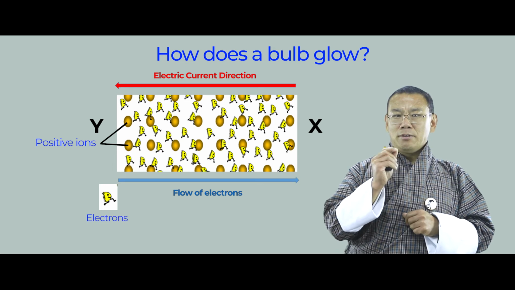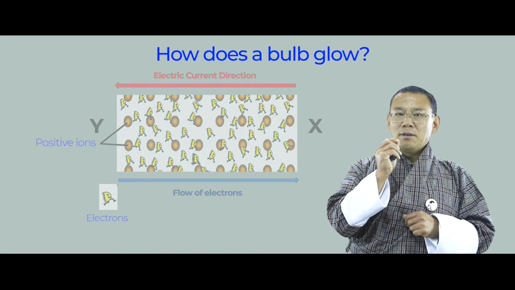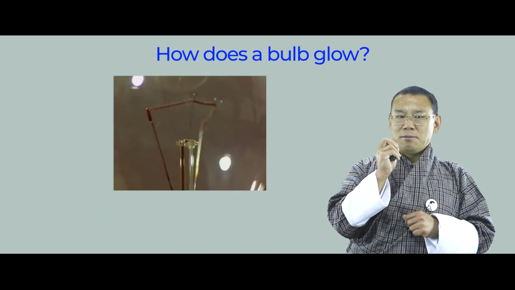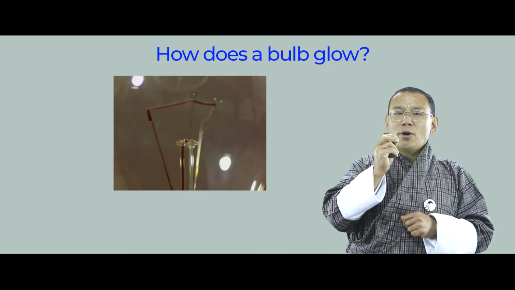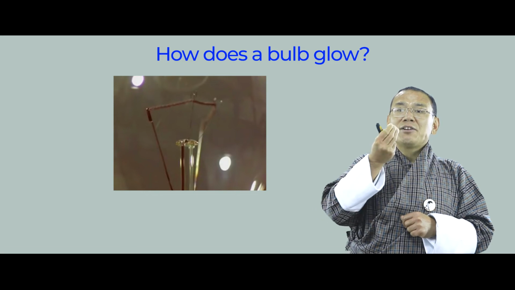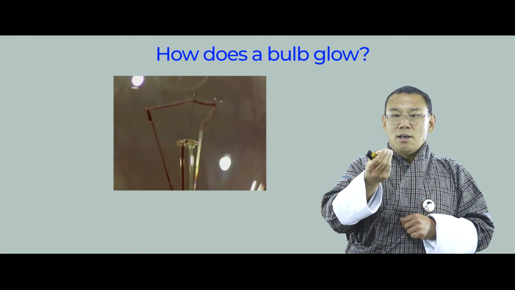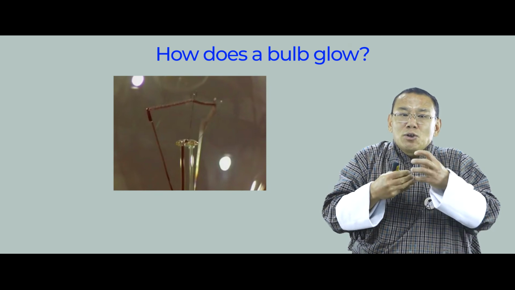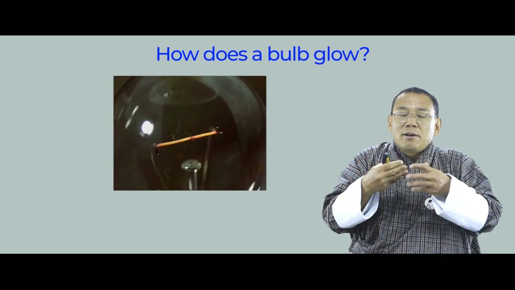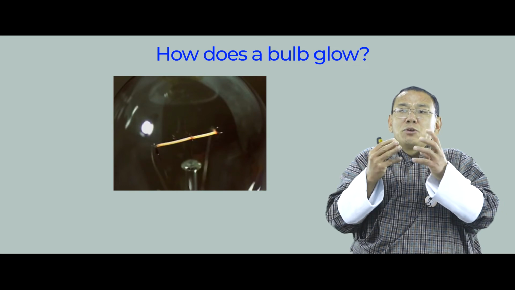Usually, the filament of the bulb is made of an element called tungsten. Tungsten has a very high melting point, and it also offers very high resistance to the flow of electric current. Because of the collisions within the material of the wire, there is a lot of heat produced.